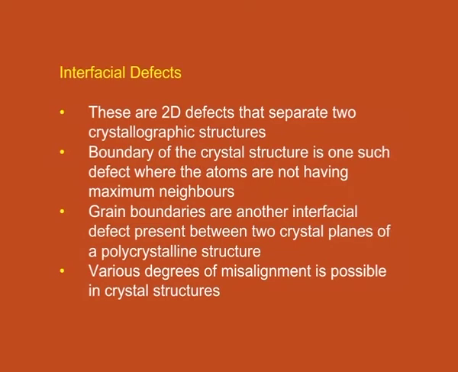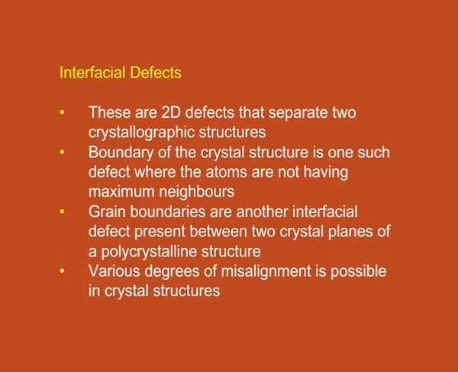Now, if we look minutely at the interface between two crystalline phases in the polycrystalline solid, then that interface gives us a very interesting property, and those properties can be explained by using the concept of interfacial defects.